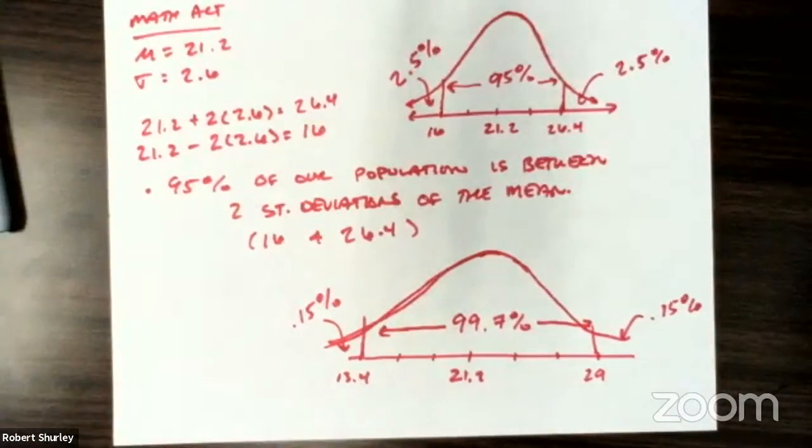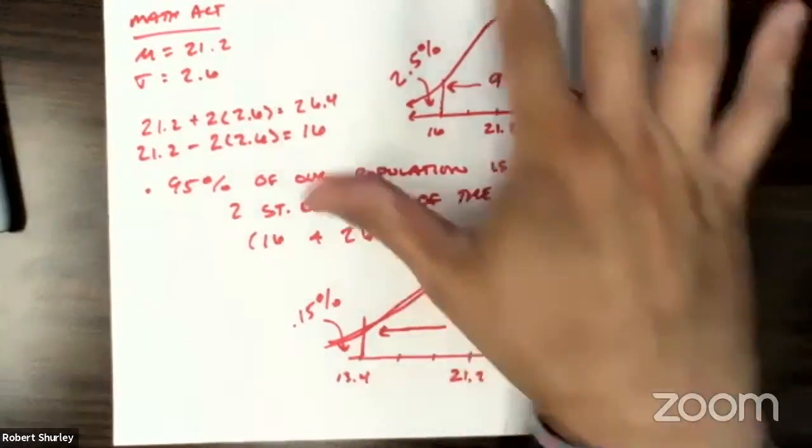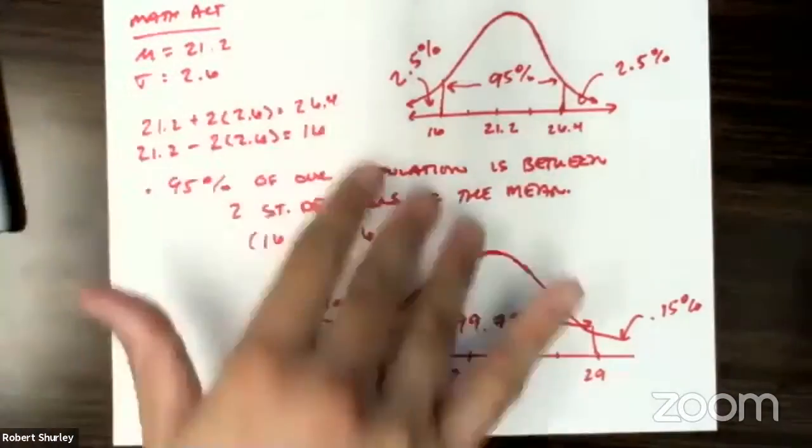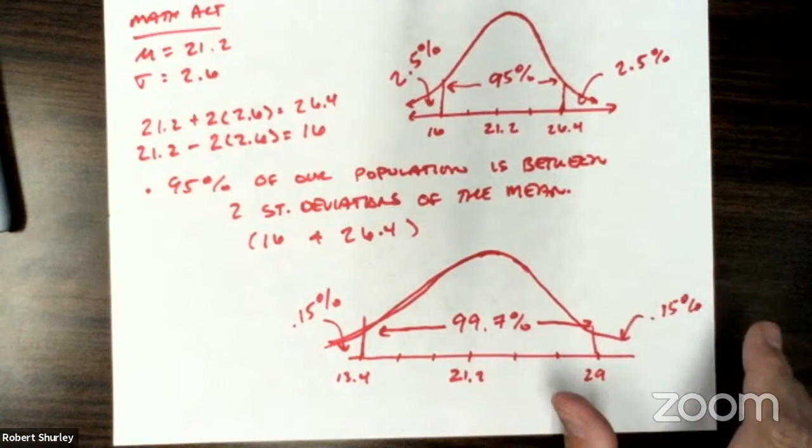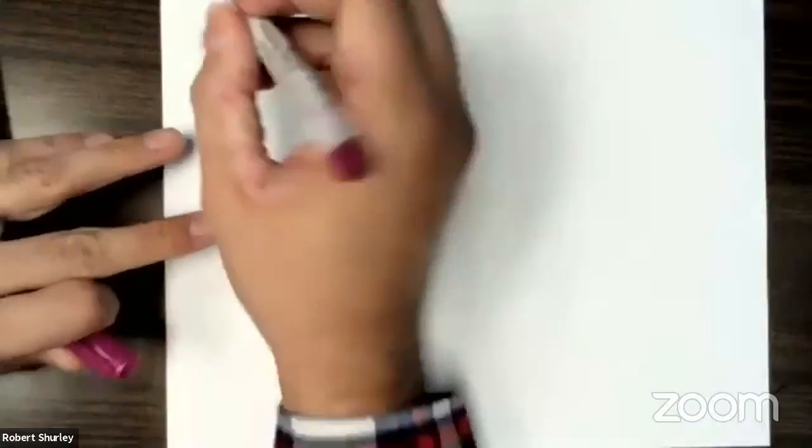So now let's get to the actual areas. Remember, this empirical rule that we went over the last 2 pages, that's approximations. It's approximately true. If we want a more precise measurement, we have to use the standard normal curve. So let's talk a little bit about the standard normal curve.